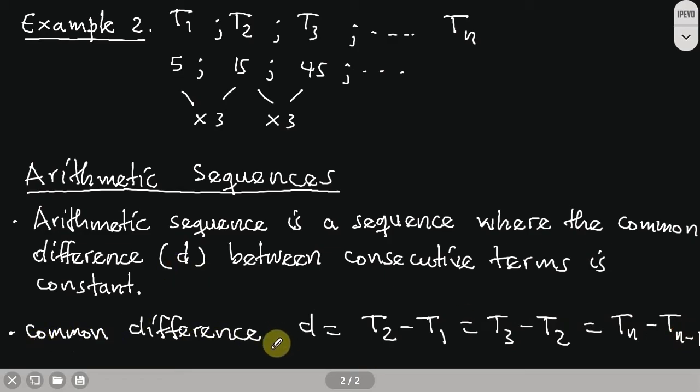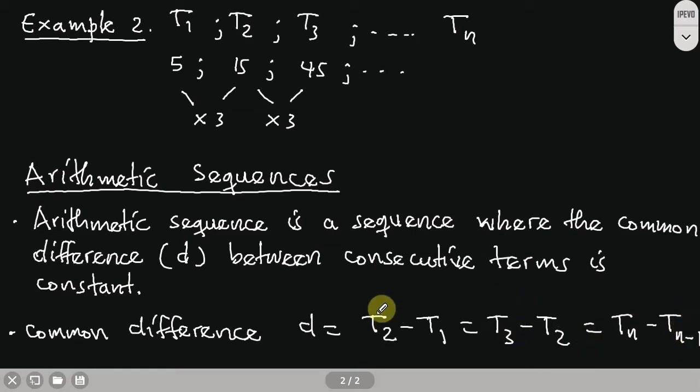The common difference is obtained by taking the next number minus the previous number. As you can see, T2 minus T1, which is also equal to T3 minus T2. So the next number minus the previous number will give you the common difference for an arithmetic sequence. And this is written as T subscript n minus T subscript n minus 1.